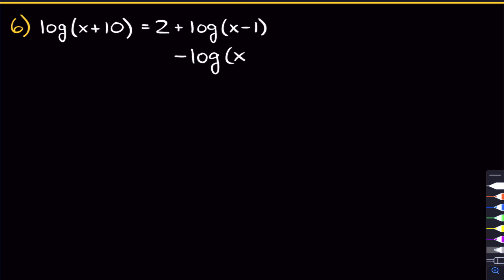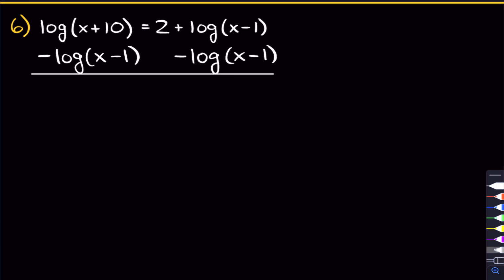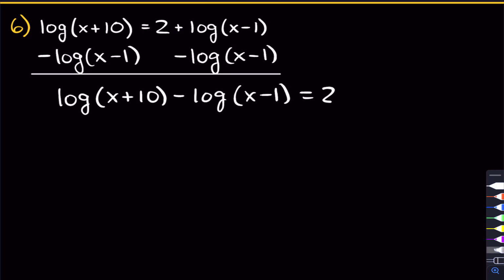And so what we can do here is subtract the log of x minus 1 on both sides. When we do that, we get the log of x plus 10 minus the log of x minus 1 is equal to 2. And now these cancel off, and great.